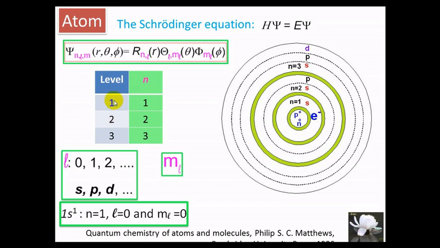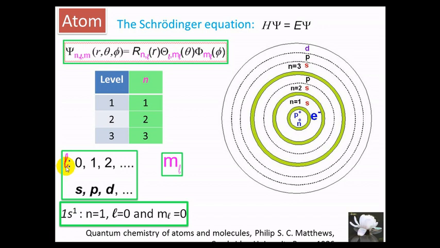Level 1 with n equal 1, the second layer with n equal 2, the third layer with n equal 3, etc. When an electron is moving around the nucleus, it has an angular momentum described by the quantum number L or azimuthal. This azimuthal quantum number is directly related to the sublevels.